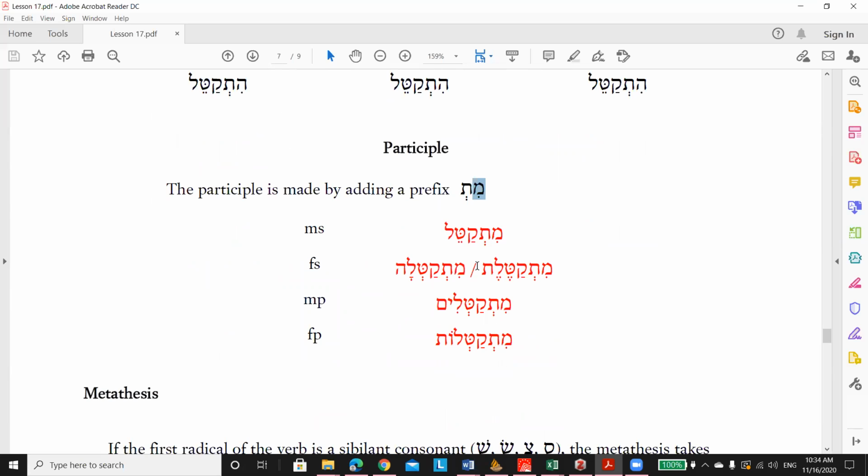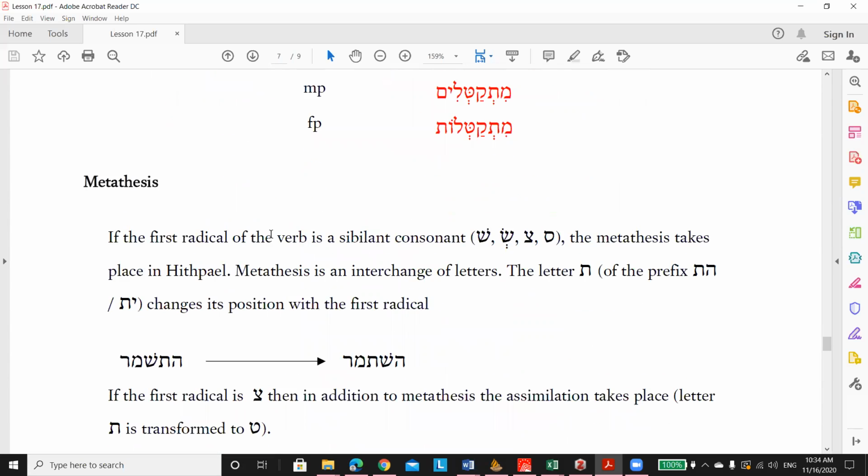But there is one problem with Hithpael, and this problem is a phenomenon called metathesis. What is metathesis? For the sake of a better sound of the verb, sometimes they change the order of consonants.